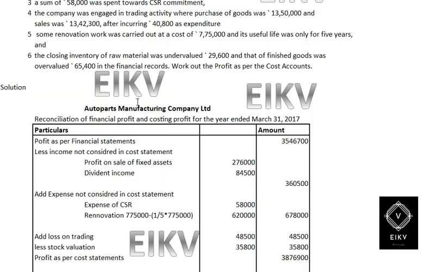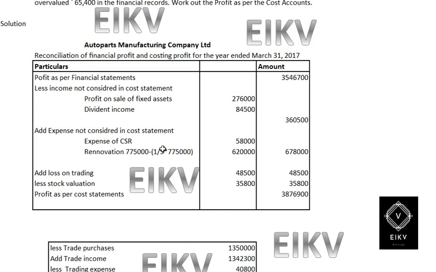The entire amount of 7,75,000 is debited in profit and loss account. So such amount of rupees 7,75,000 has affected the profit of the financial statement, 35 lakh. Even if this expense had not occurred, the profit would have increased by 7,75,000.